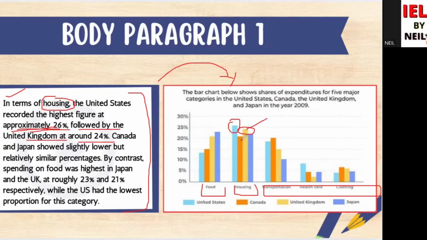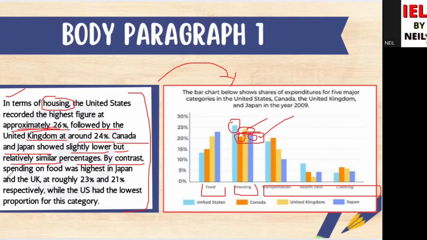Again, I have to use something like approximately because it's not exactly 25. It's slightly below 25, and I'm not really sure about the value. So I'll just use this word to be on the safe side. Canada and Japan showed slightly lower, but relatively similar percentages. So Canada and Japan, they were lower, but similar percentages, as it is clear from the picture, right? So we are done with the housing.